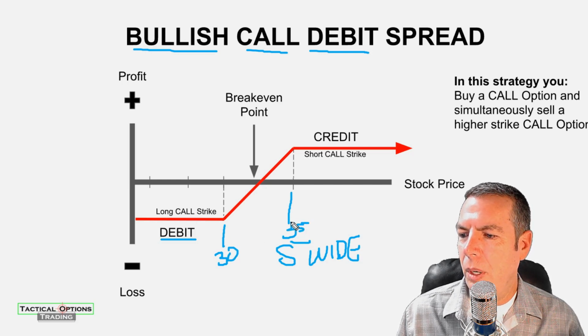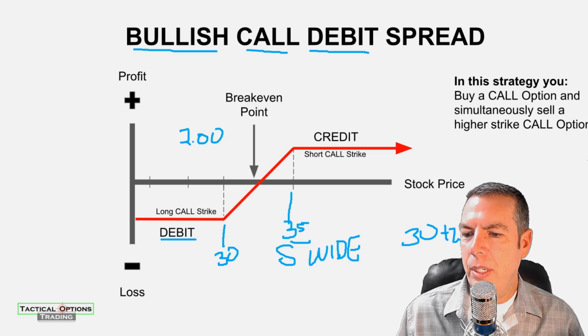Our break-even point would be the 30 plus the debit that we paid. Let's say we paid a $2 debit. So it'd be $30 plus the $2 debit, and our break-even point would be $32. This stock would have to climb in value to 32 before we started making money on this trade.